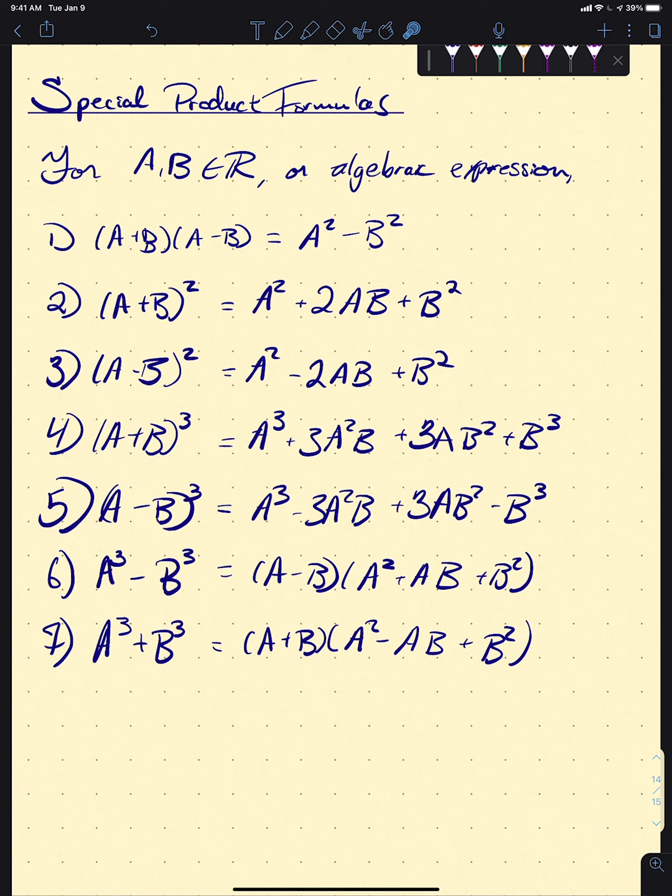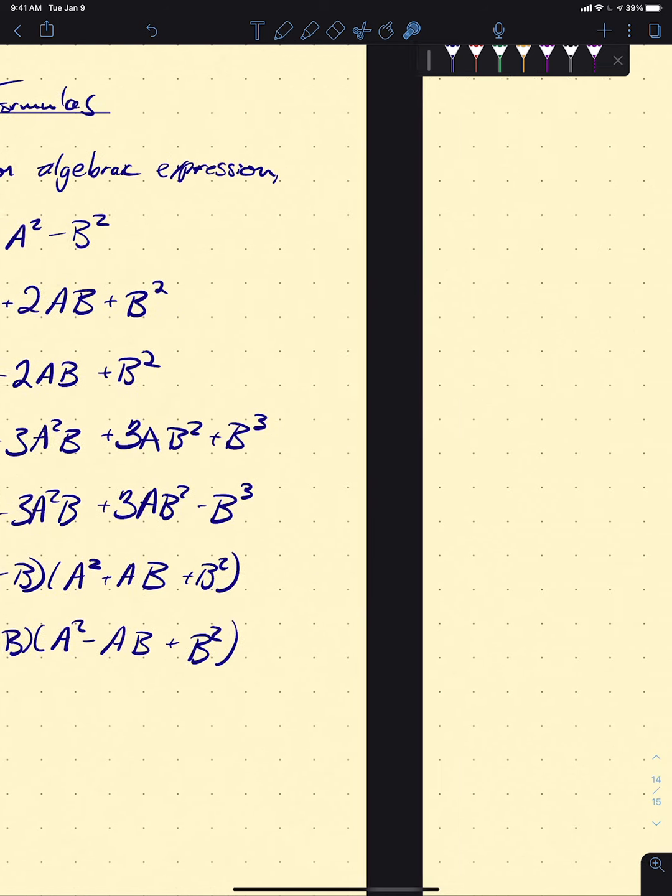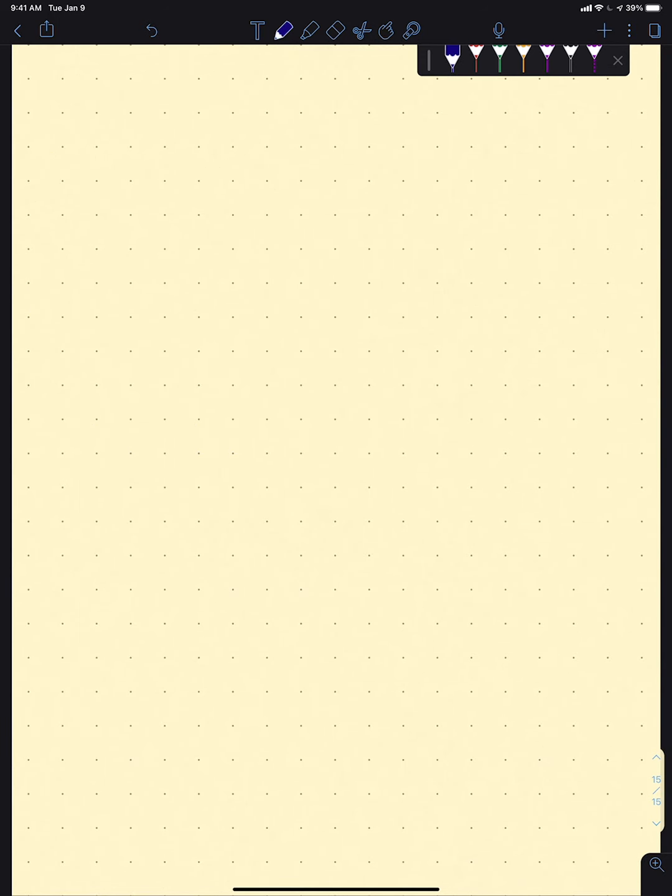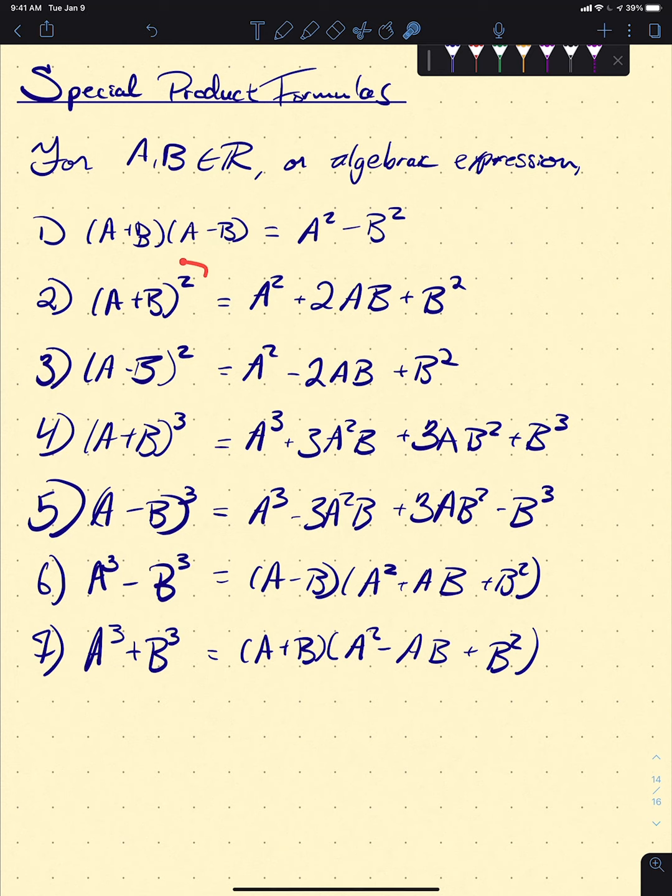But let's not just write down arbitrary expressions. Let's do some examples, right? So let's say we're being asked to expand x squared plus y cubed, all squared. Well, this is the same thing that we saw here, right?